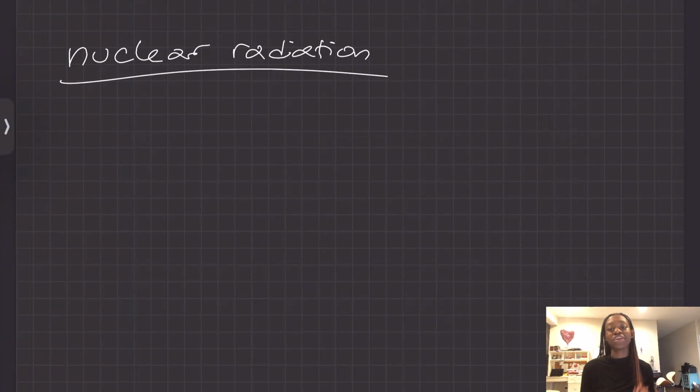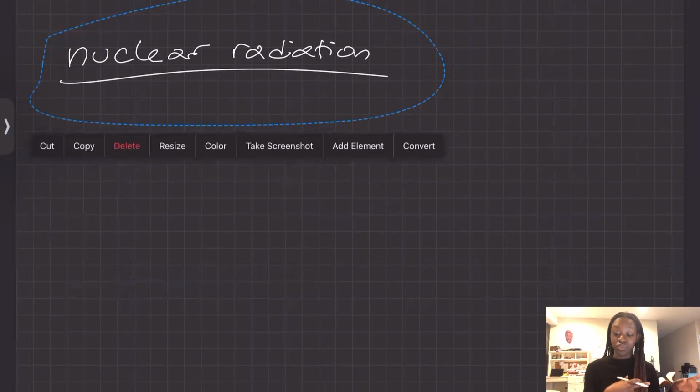I talk about reactions in my next video about nuclear reactions, which will be in the chemistry playlist. But nuclear radiation is just the type of particle that's emitted during a nuclear reaction in which a radioactive nucleus is being converted into a stable nucleus.